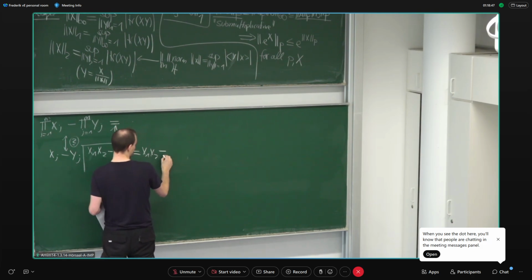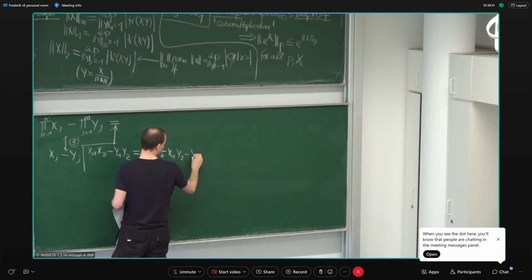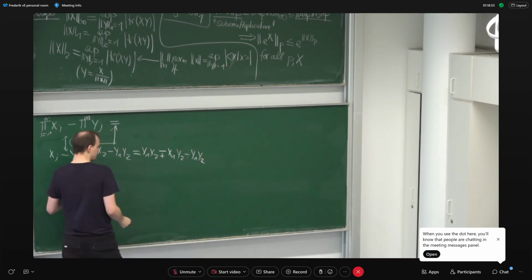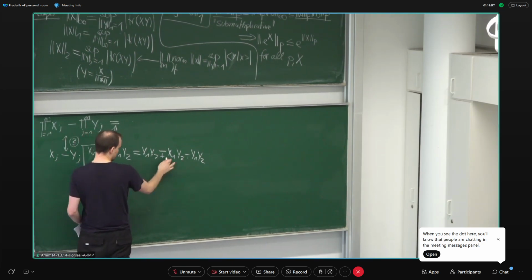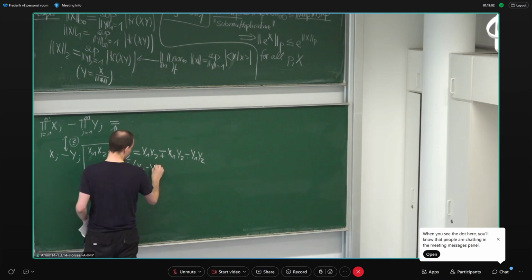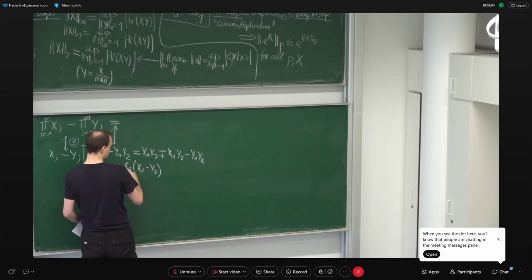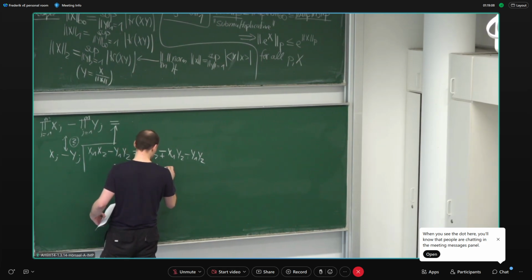So you can subtract and then add back the cross term x1 y2. And this helps us because now we can factor out something and get back the expression we desire plus another term.